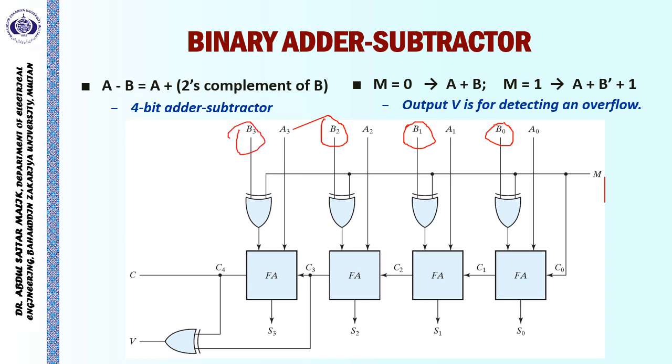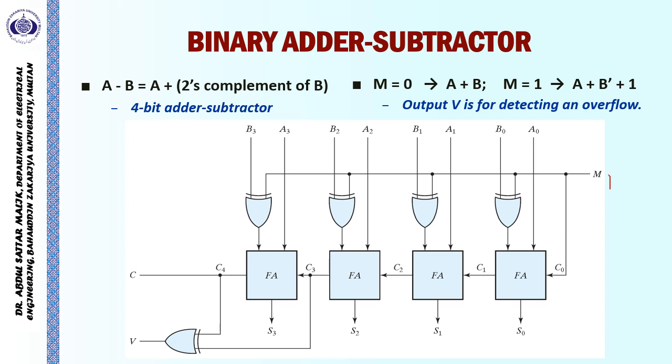If any particular bit of B is 1, the result will be 0, and if that bit is 0, then the result will be 1. So we have complemented all the bits of B when M is equal to 1.